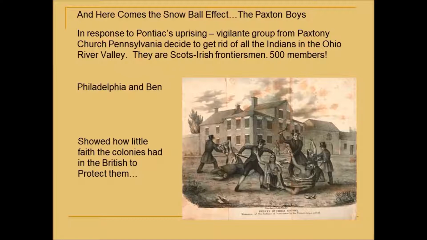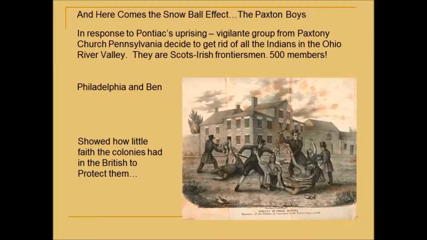And you need to know that they were mostly Scots Irish frontiersmen, which means that their ancestors probably came here as indentured servants, right? There's 500 of them. So this is not a tiny, tiny group. Well, the Paxtons go to this local tribe, this Susquehannock tribe, and they trapped 6 Indians in a cabin and burned the cabin to the ground.